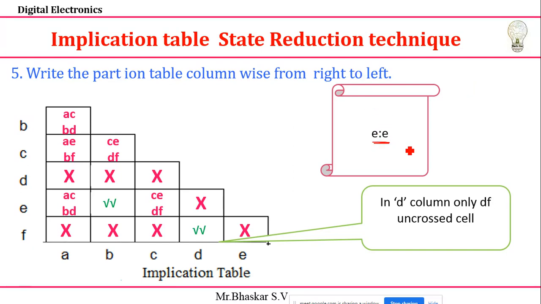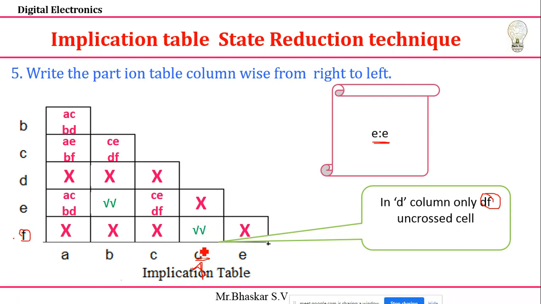Next, I'll go for the next column. In the next column, carefully see D. In the D column only D and F is an uncrossed cell. So for the relation between D and F, you need to consider directly these variables, D and F. It's an uncrossed cell, it's ticked.